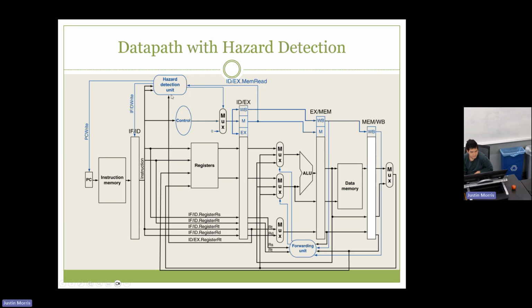So if that is the case, where this RT from the instruction in front of us is reading from memory and it matches RS or RT of our instruction, this hazard detection unit tells this MUX, I'm not going to go forward with the normal control signals. Set all of my control signals to 0 to insert the stall here, like a no operation. And then it also tells this register, I'm going to redo decode.